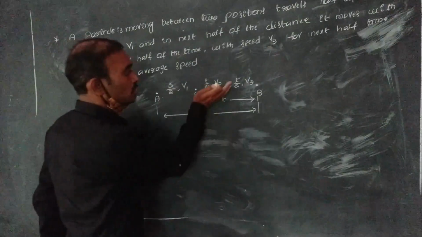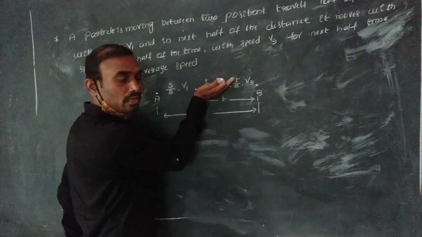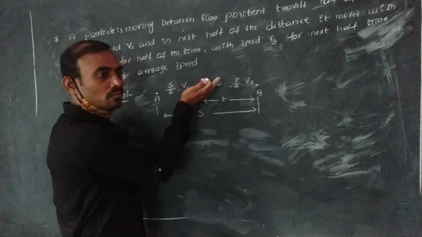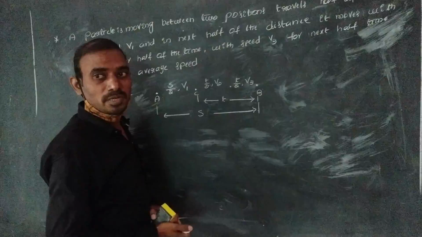Already I told you, this is the half distance method and the half time period method. For the half time period method, what is the average speed formula?